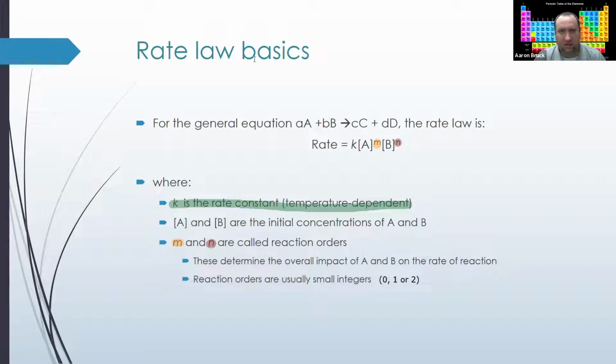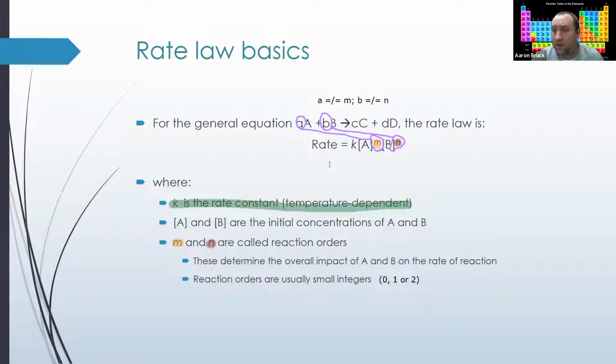Now notice also these numbers, m and n, have absolutely nothing to do with A and B. A is not the same as m. B is not the same as n.